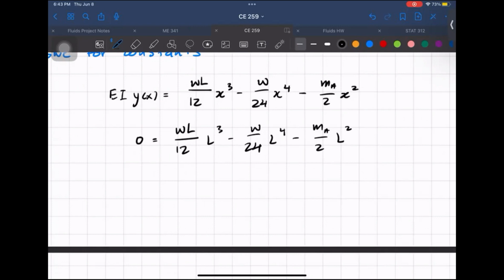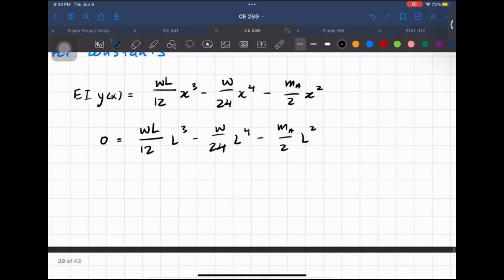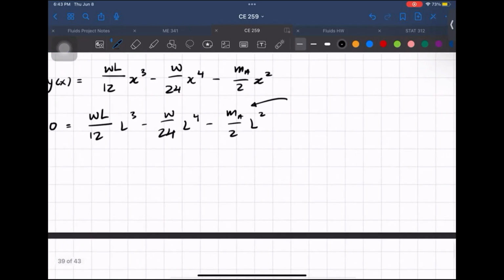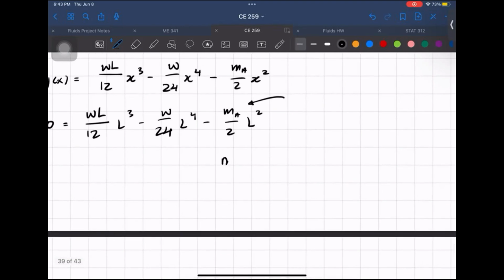Now that you have this expression, you can solve for MA. So if you do that, you get MA over 2L squared is equal to WL to the 4 over 12 minus WL to the 4 over 24.